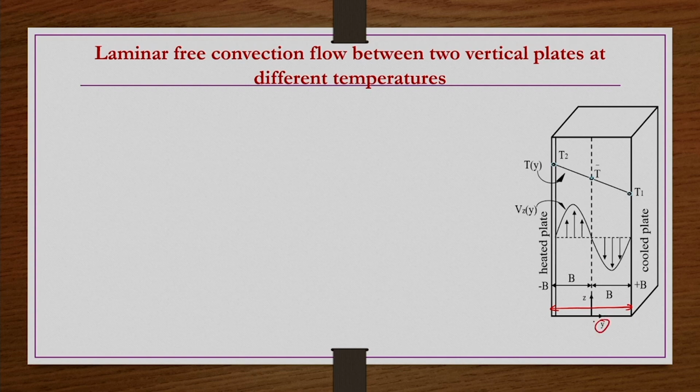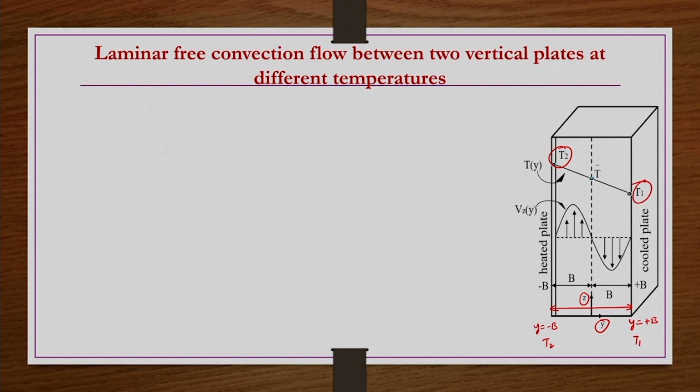The horizontal axis is the y axis, and the vertical axis is the z axis. One plate is located at y equals minus b, and another plate at y equals plus b, and the gap between these two is 2b. The heated plate is at y equals minus b with temperature T2, and the cooled plate temperature is maintained at T1, as shown here.